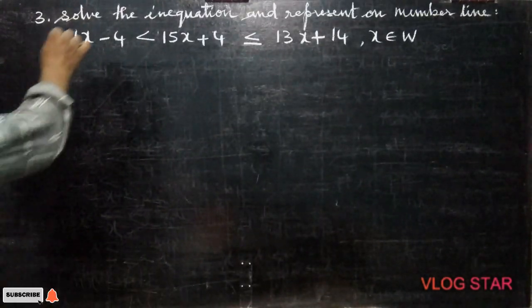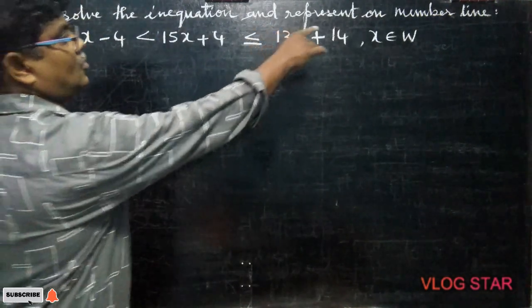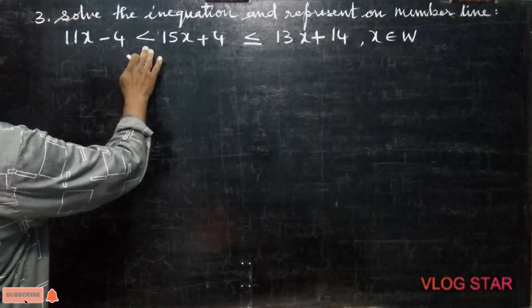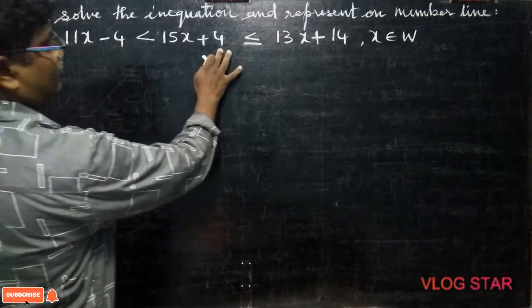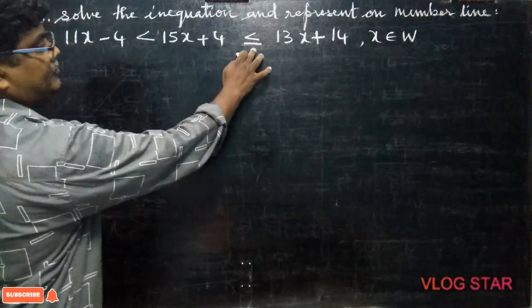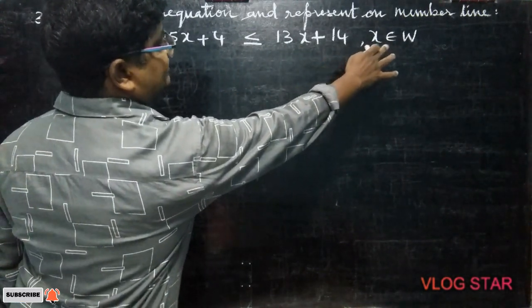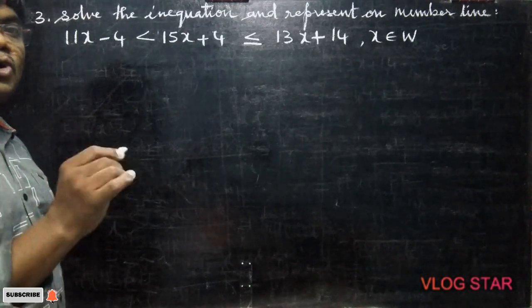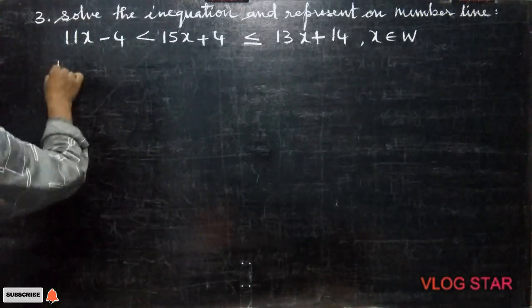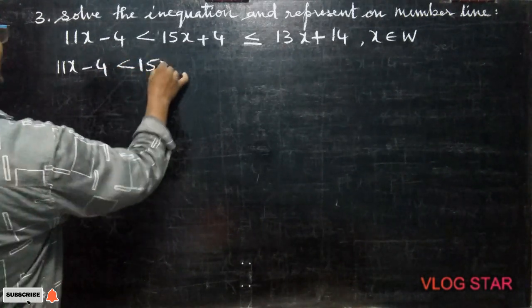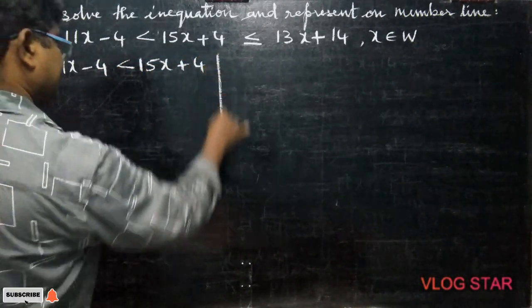Third problem. Solve the inequation and represent on the number line: 11x minus 4 less than 15x plus 4 less than or equal to 13x plus 14, where x belongs to W, meaning whole numbers. Now 11x minus 4 less than 15x plus 4 is one part.